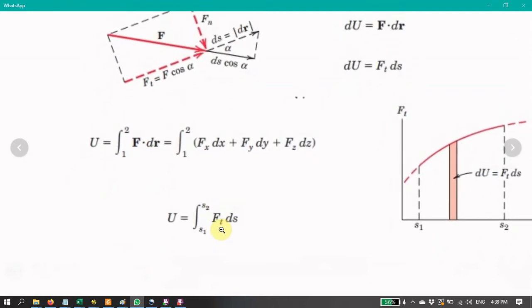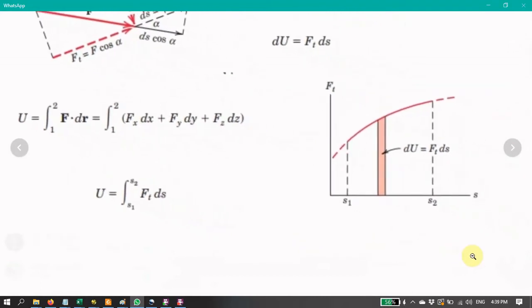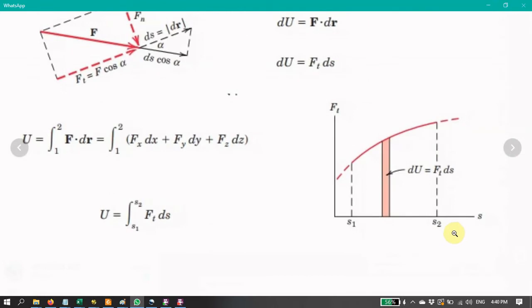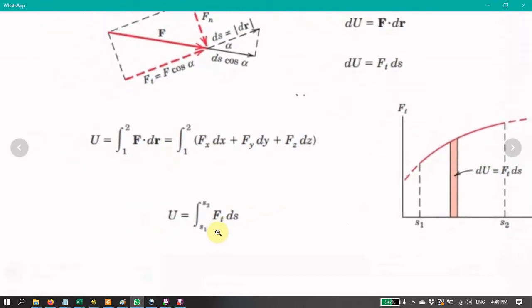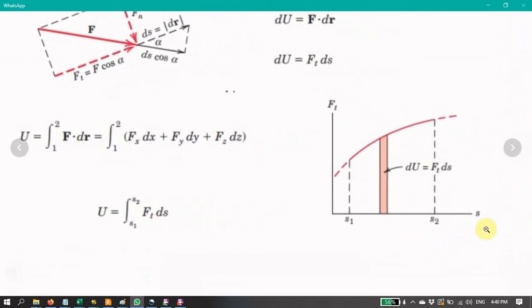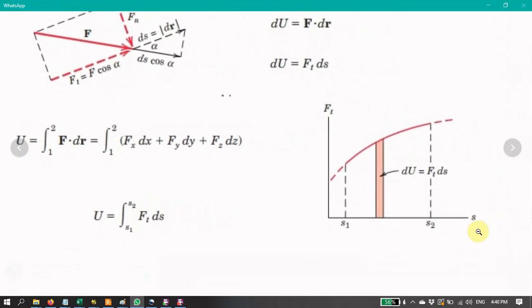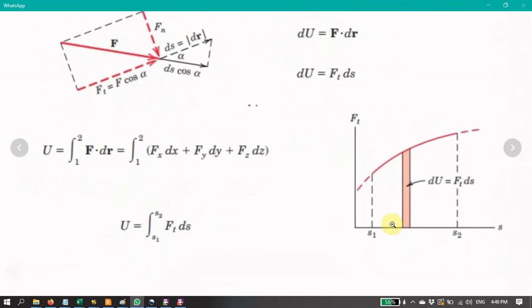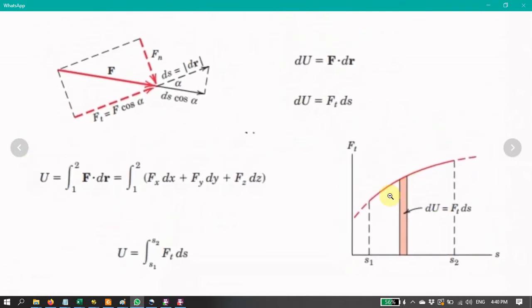On the right-hand side, we have a chart. There we're not using Cartesian, we're not using spherical polar, but the S coordinate system, right? So we can directly calculate the amount of work based on the area under the graph.